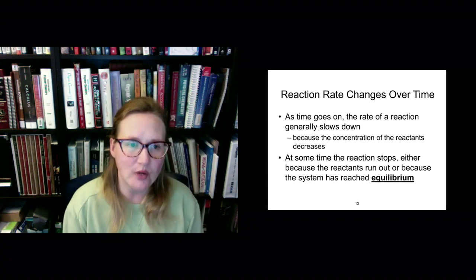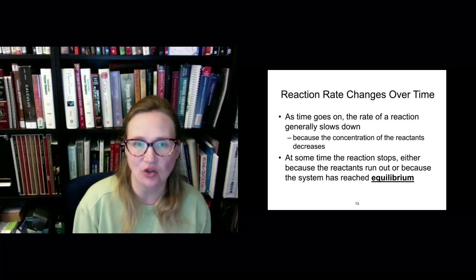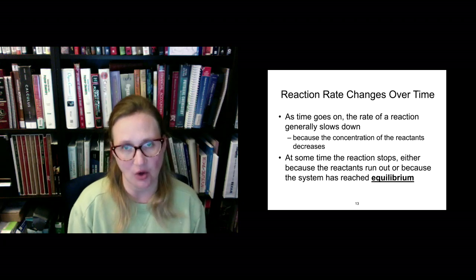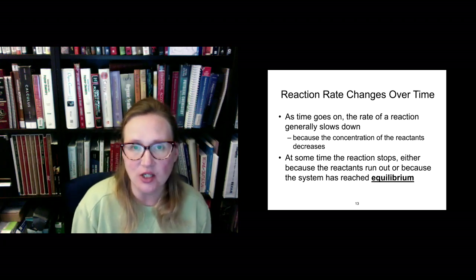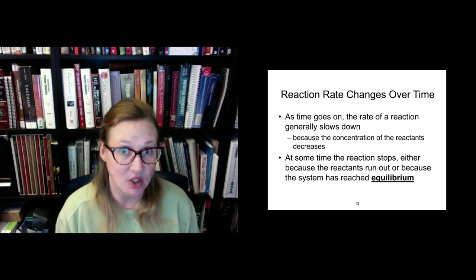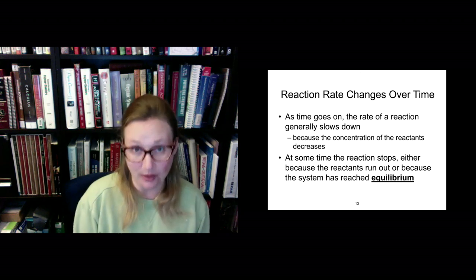The reason the reaction rates change over time is because concentrations are changing over time. And concentrations really lead to how fast a reaction is going to go. We're going to see that when we start looking at rate laws. So over time, the rate of reaction is going to slow down, and that's because the concentration of those reactants is going to decrease, so there's not as much to react with.